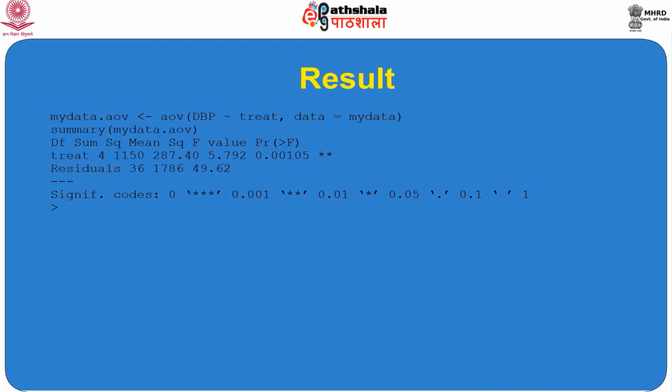So it shows that the treatments had a diastolic blood pressure difference, a therapeutic effect difference. But here it is very difficult to find out which treatment was different in comparison to the others, or whether all the treatments were different from each other. That is difficult to state from this result.